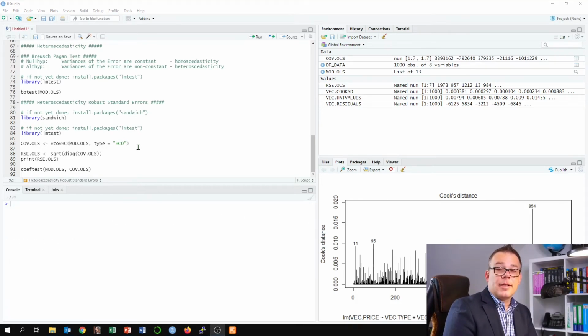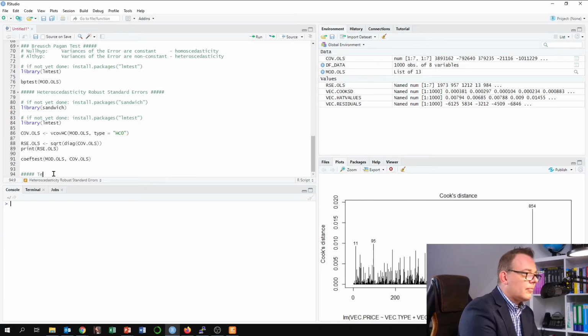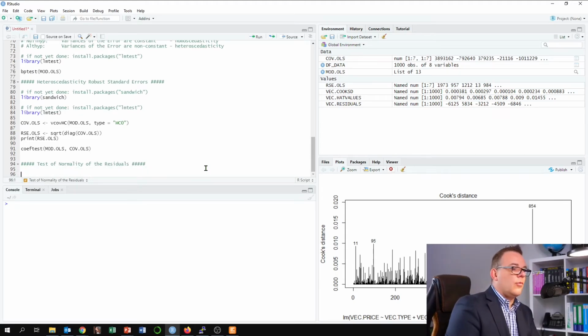The next topic now is the test for normality of the residuals. Okay, so let's give it a headline. Well, why do we have to test for normality? We make a t-test.